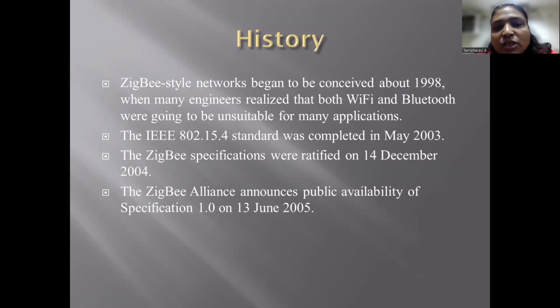Zigbee specifications were ratified in December 2004, and then the Zigbee Alliance announced the public availability of the entire specification 1.0 in the year 2005. So this is about the history of Zigbee.